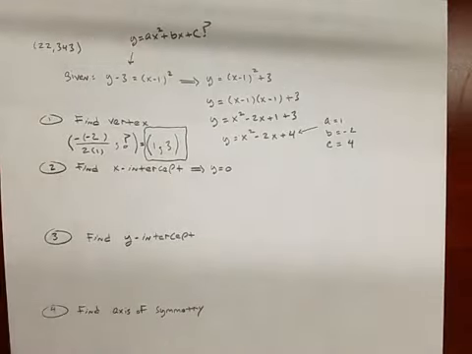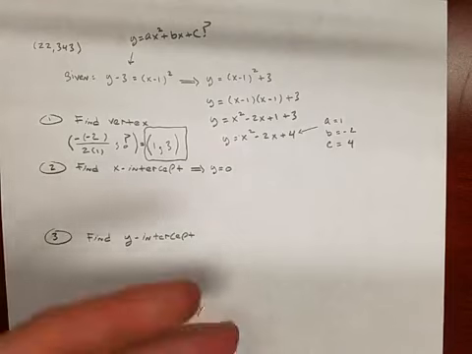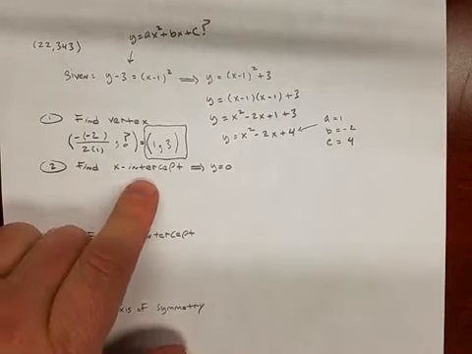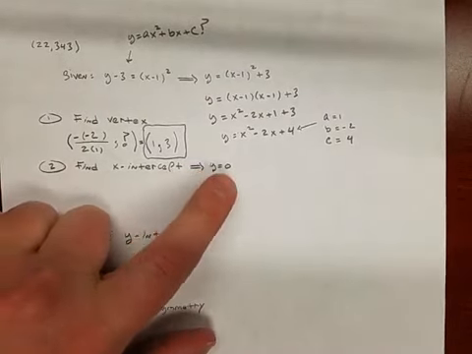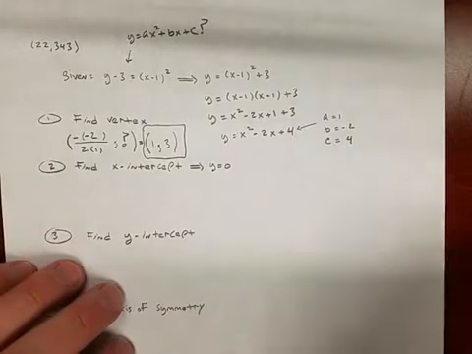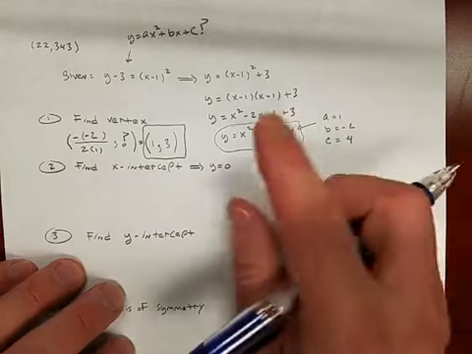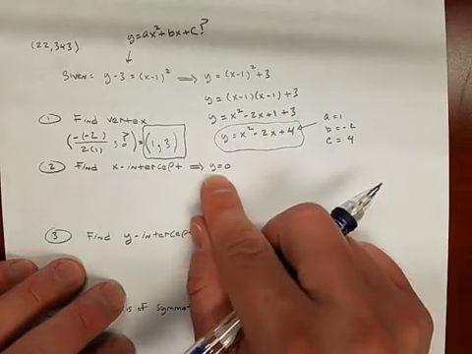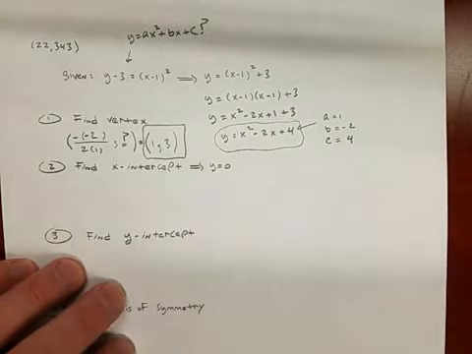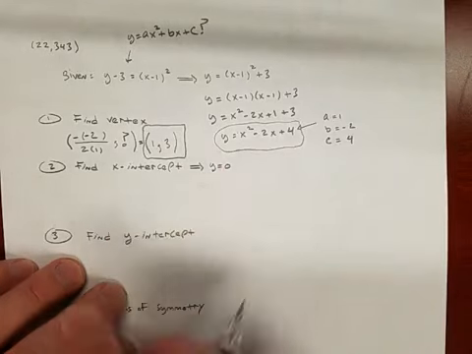Isn't it true that at every spot on the x-axis, the y-coordinate is 0? So that's how you find it, all right? So remember we're using this equation, okay? Let's take that and do this, and whatever answer we get out of that is the x-intercept, okay?